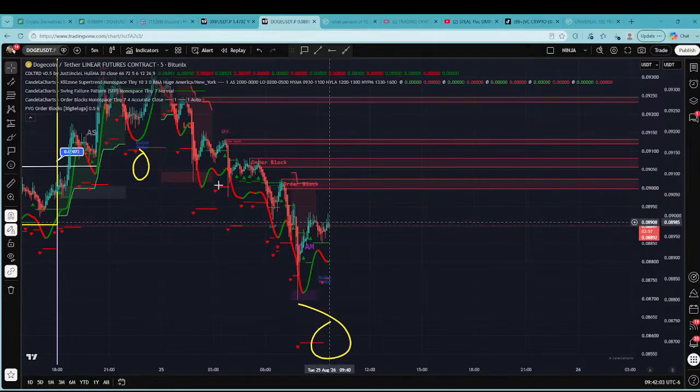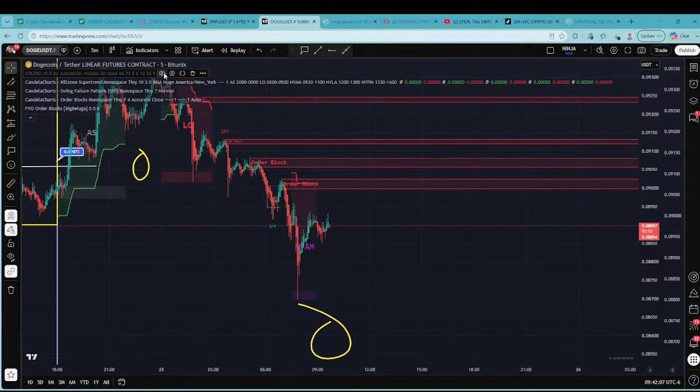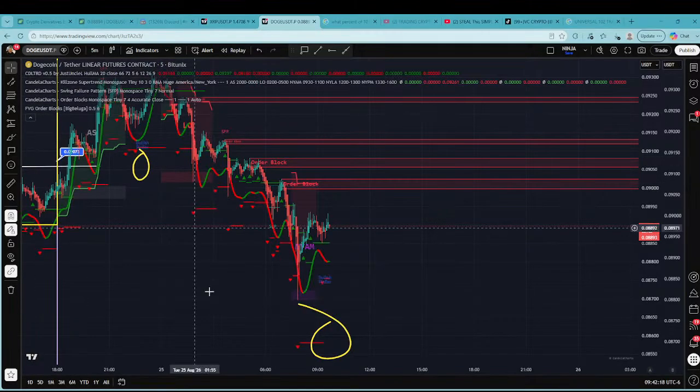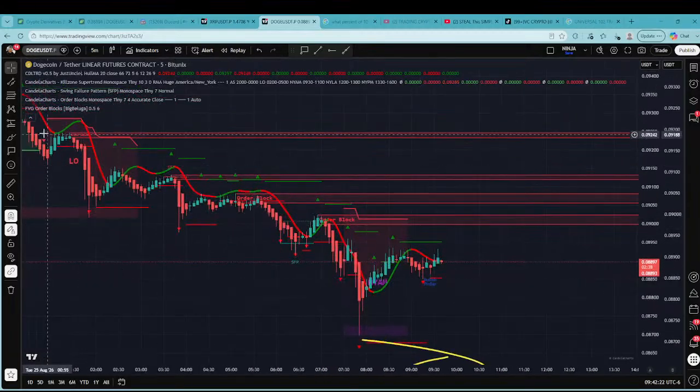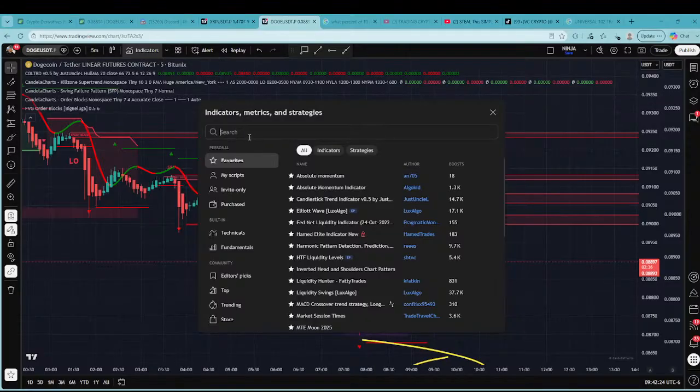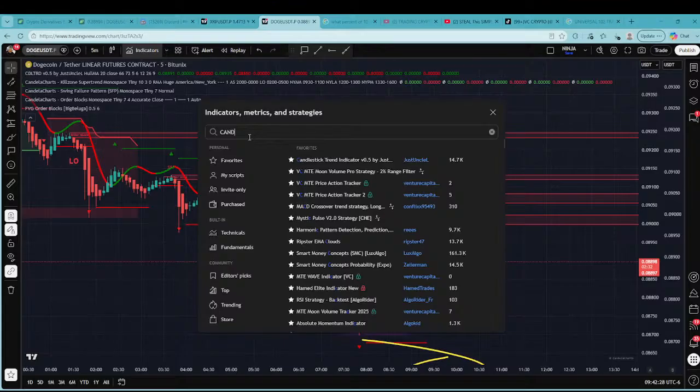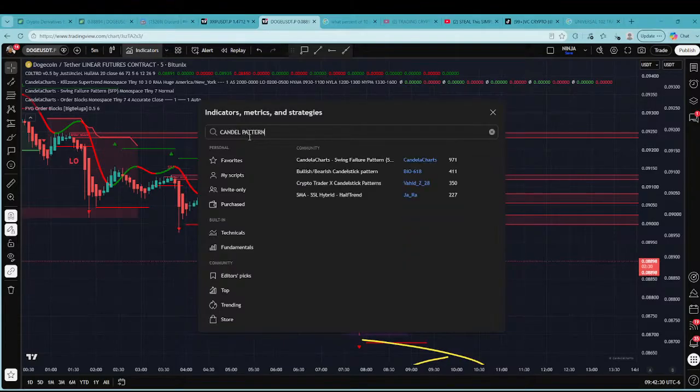All right. So this is how you move your indicators on and off. See what they're saying. So I'm gonna put this one off for a minute here. Okay. So here we go. What did I want? Candle patterns.